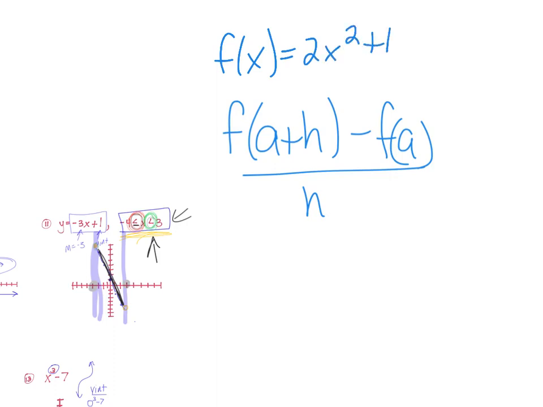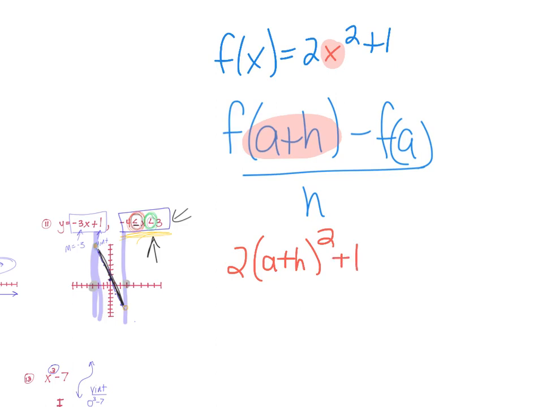Okay, you guys with me? Yeah. So what they're telling you to do, and you'll have one of these, is take this, a plus h, and plug it in here. Okay, so that's the first thing I'm going to do. I'm going to say 2 times a plus h squared plus 1.